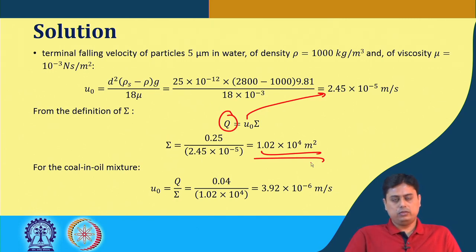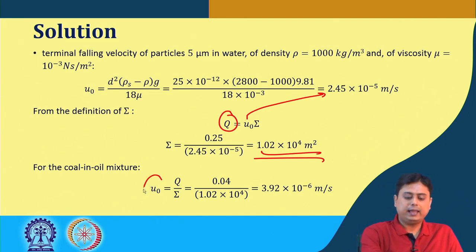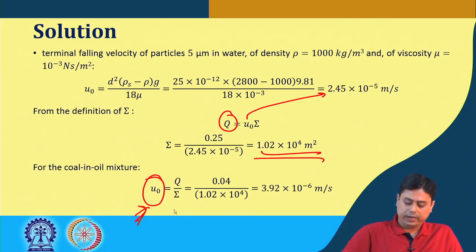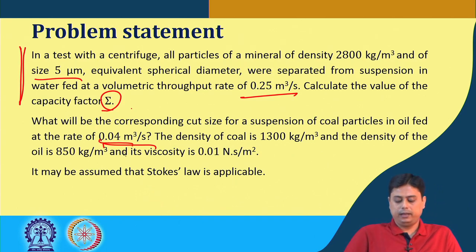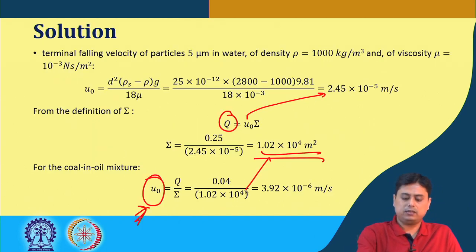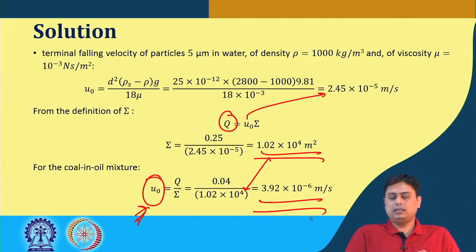Now, the same centrifuge is being used, but for a different flow rate and different feed quality. In that case, U0 will be the flow rate desired in the second part, which is 0.04 meter cube per second, divided by this capacity factor, which gives us the required terminal velocity, the minimum requirement.